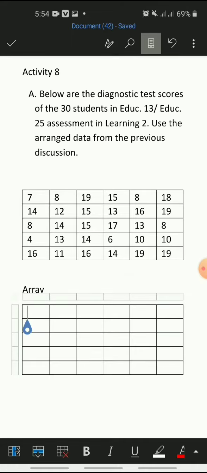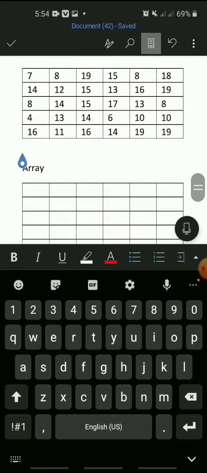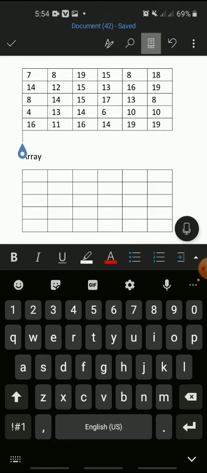So we're going to arrange our data using the array. We're going to arrange it from lowest to highest.